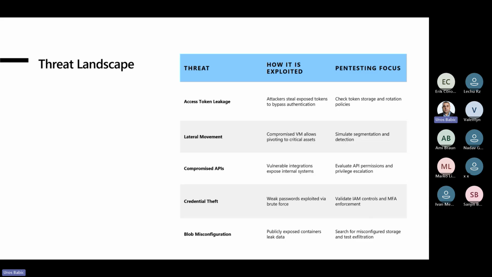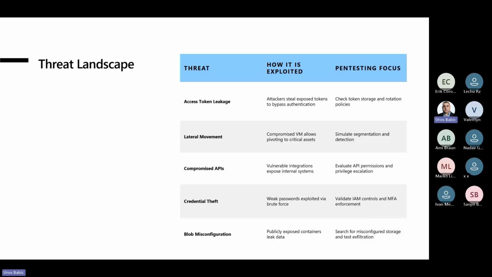I'll give you some pen test use cases. We can enumerate storage accounts, test access control and verify SAS token security. Blob hunting and storage misconfiguration are very common because publicly exposed Azure blob containers leak sensitive files. From the point of view of insider threats, we can simulate an insider scenario, check RBAC roles, and validate just-in-time access, as I mentioned, against a malicious employee misusing privileged access.